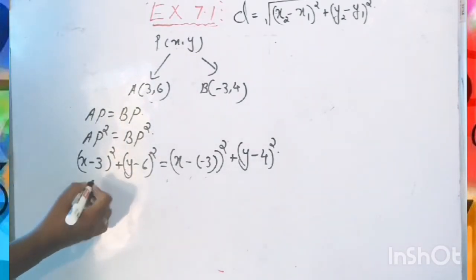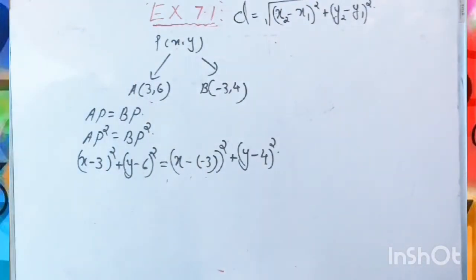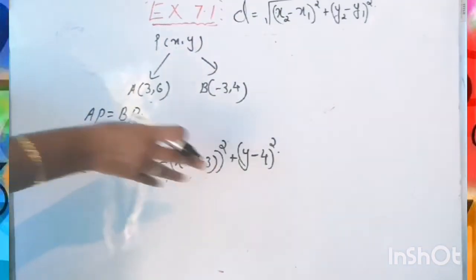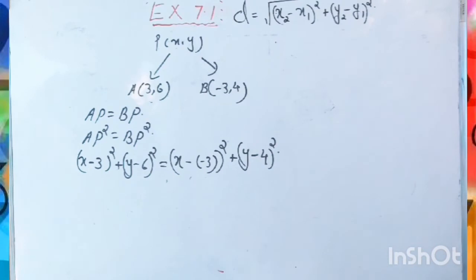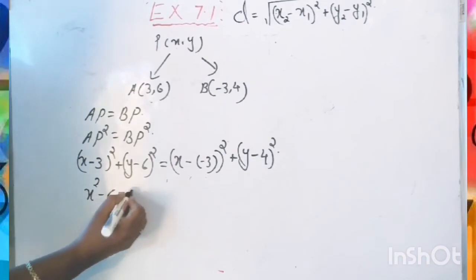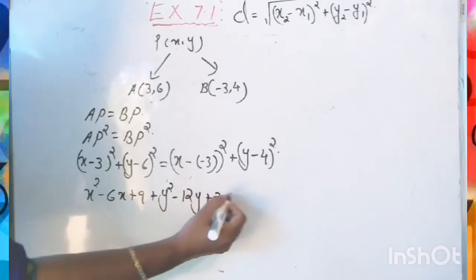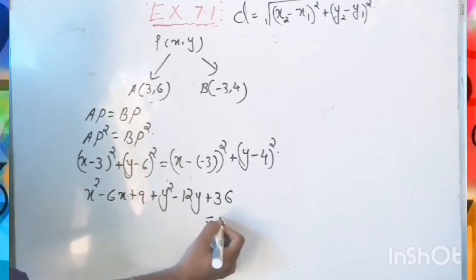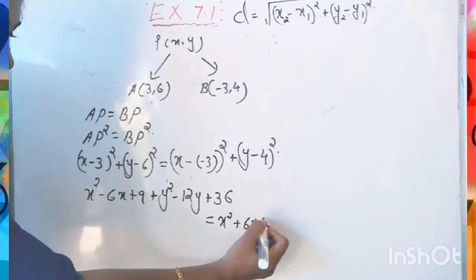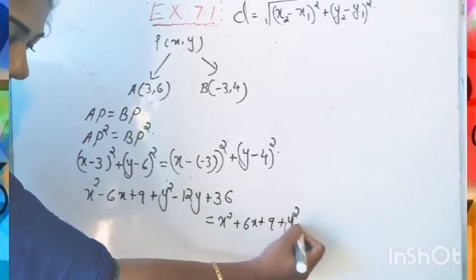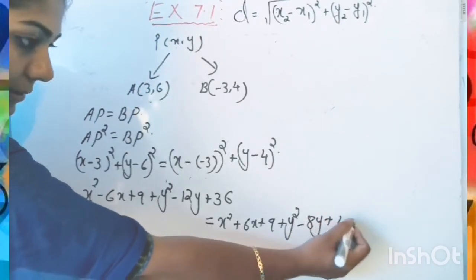That is (x minus 3) all square plus (y minus 6) all square is equal to (x plus 3) all square plus (y minus 4) all square. Clear? Now just open all the brackets by using the identities (a plus b) all square and (a minus b) all square. We will get x square minus 6x plus 9 plus y square minus 12y plus 36 is equal to x square plus 6x plus 9 plus y square minus 8y plus 16.